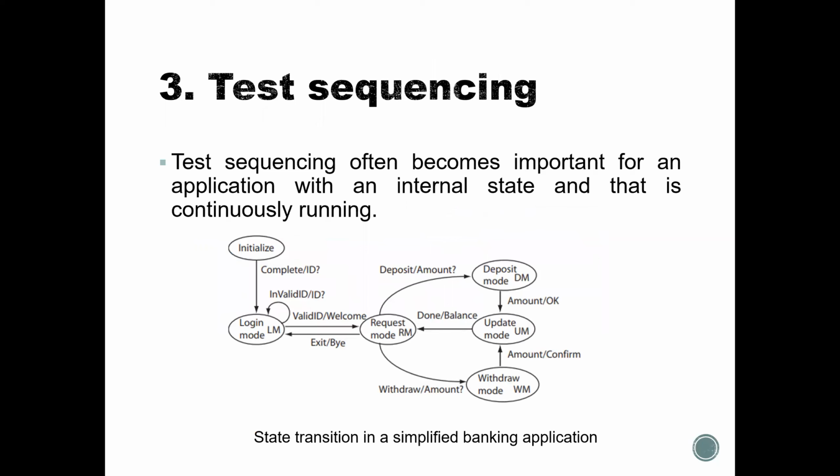If you see in this diagram, the user is going to enter the ID in the login mode. If it is a valid ID, then we go to request mode, and the user can perform certain functionality, and once he is done, he can exit. And if the user ID is wrong, he is going to stay in the same login mode.